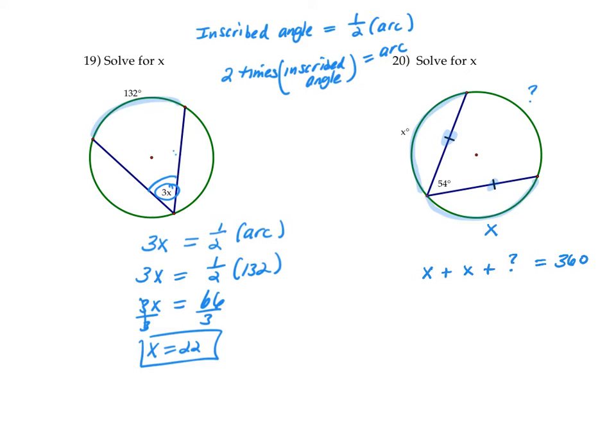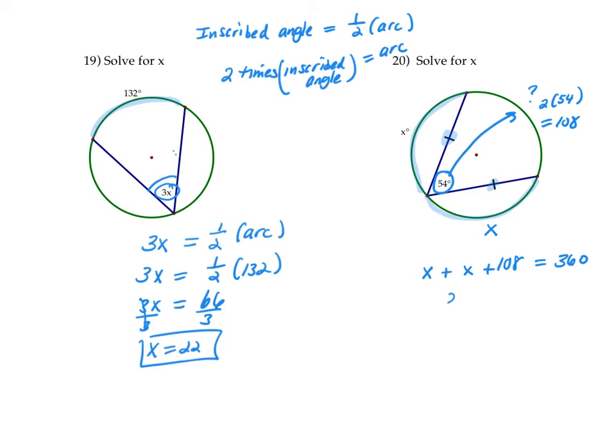Okay, so remember that this angle equals half of the arc. So to go from the angle to the arc, you're going to multiply by 2 or double it. So 2 times 54 is 108. So down here, we want to fill in this blank with a 108.